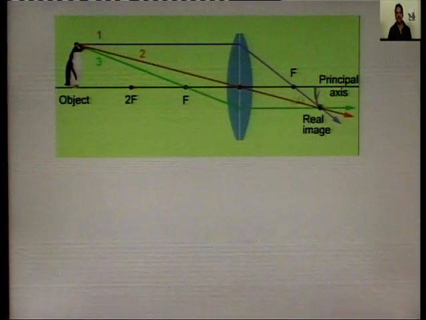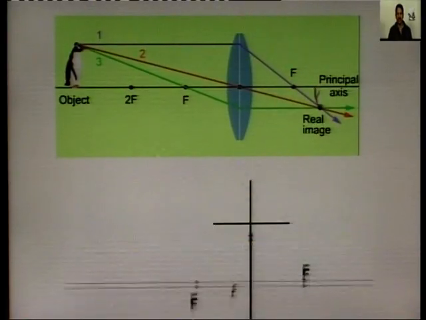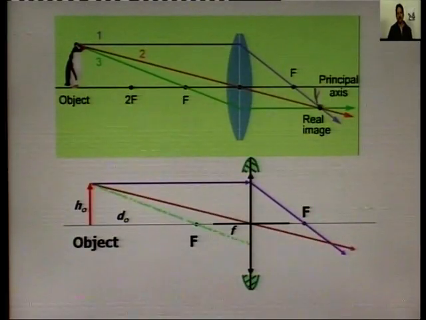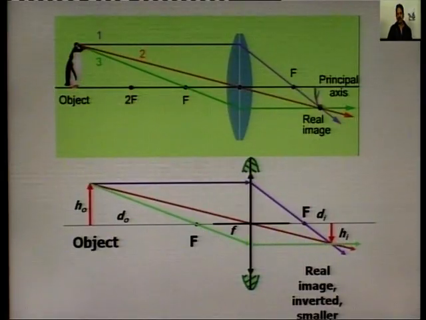So, this is how we form an image in ray diagrams. This was the case of a convex lens. So, this again shows you the formation of image in case of a convex lens in symbolic form.